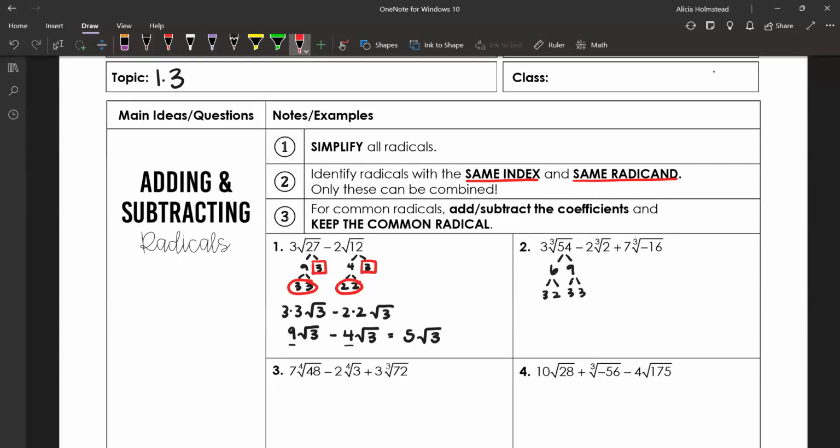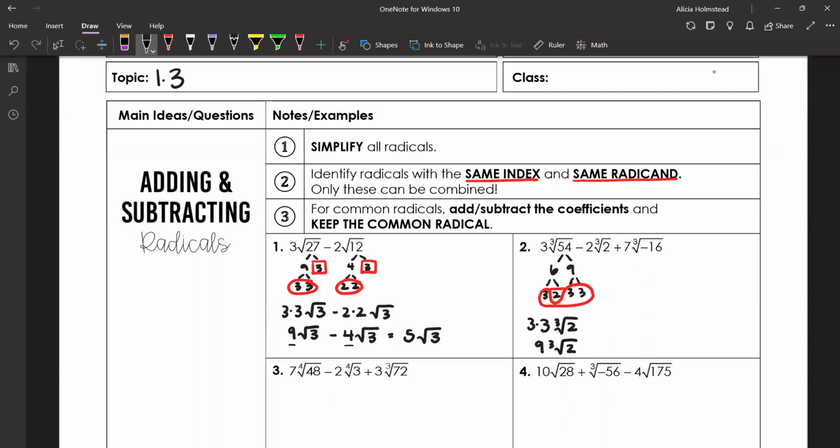Our index is 3, so we're looking for groups of 3 things. So we got 3 3's and a 2 left over. So this one will become 3 times the 3 from the group, and then the cube root of the 2 that's left over. 3 times 3 is 9, so that'll be 9 cube root of 2.